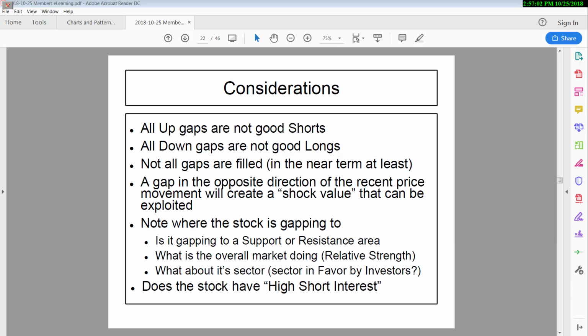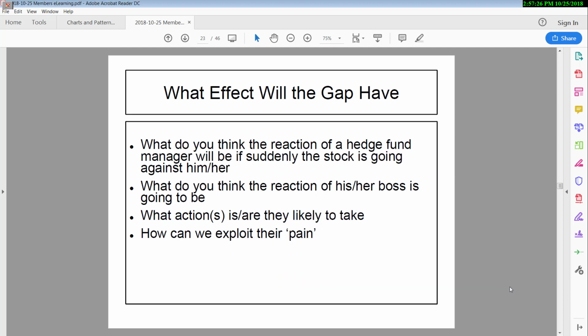So percent of float short. That's the key number. If it has a high number, like over 10%, it has a pretty good chance, if it's that much short and it gaps up against the recent trend down, that this thing could run like a scalded dog. All right, let's come on over here. Get back to the presentation.